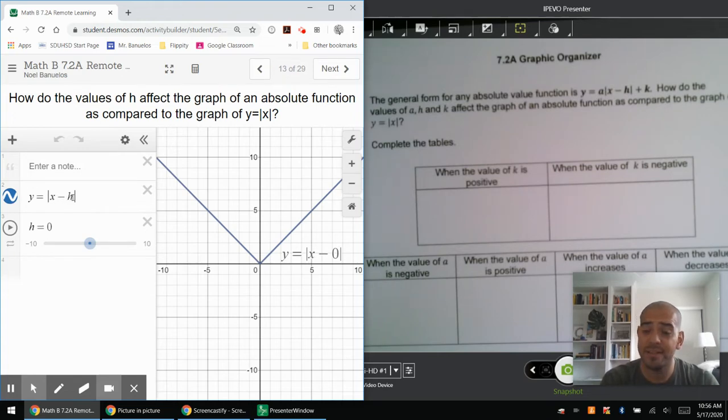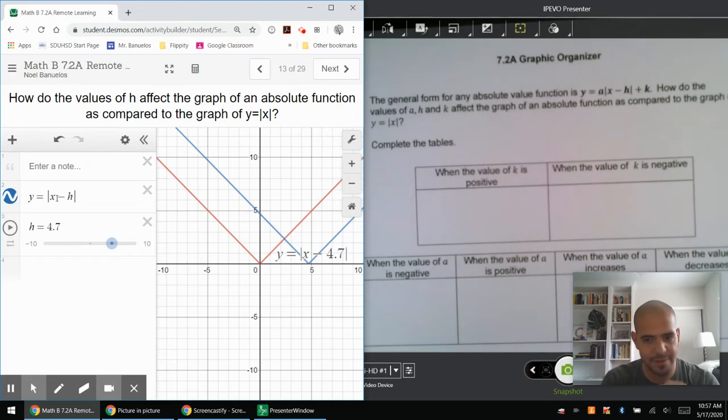So h represents a number. So what I want you to do is slide this left and right. See what happens when you change the value of h. So if h becomes positive, what happens to my graph? Now be careful, it's a minus a positive. So this one gets a little confusing.